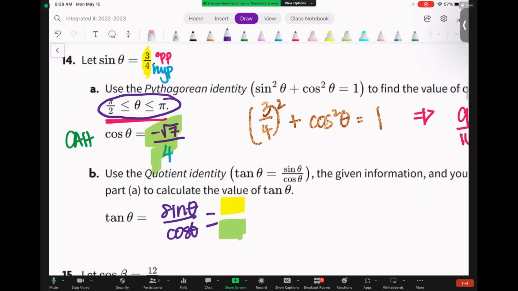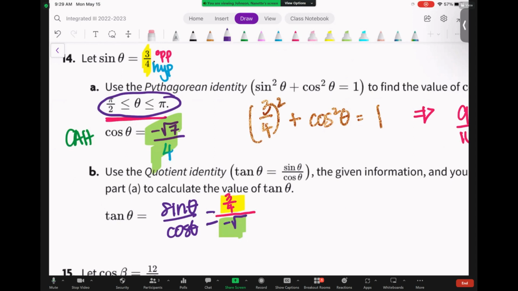So let's just put this as 3/4 divided by negative root 7 over 4. If you remember from your land of fractions, probably in 6th grade, dividing by a fraction is really just multiplying by the reciprocal.